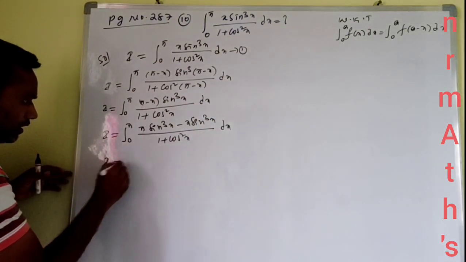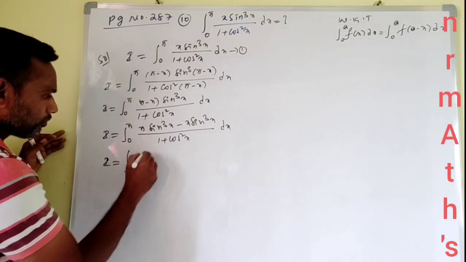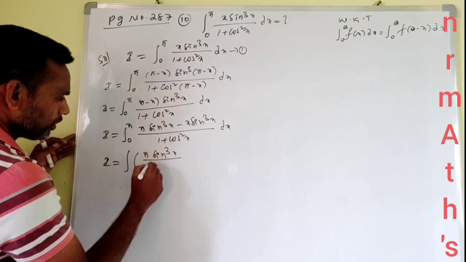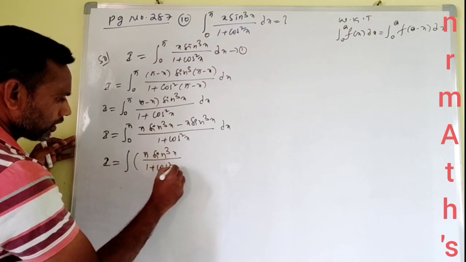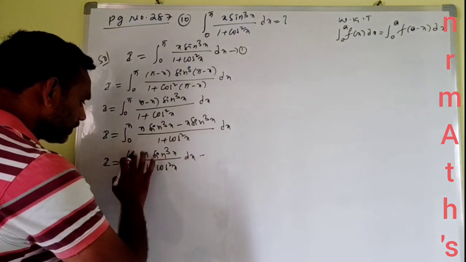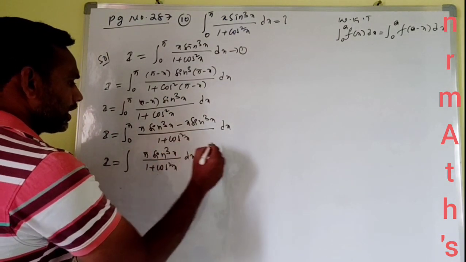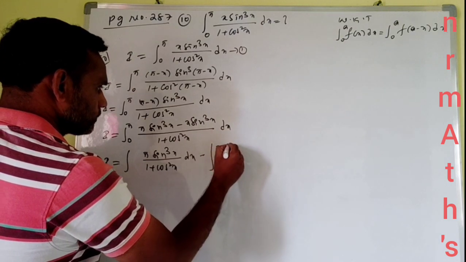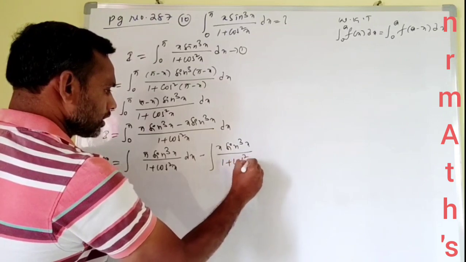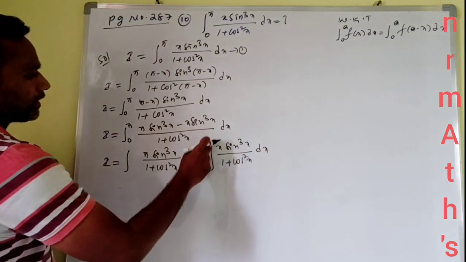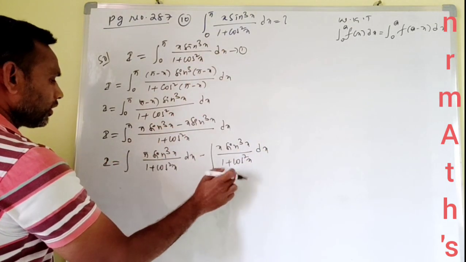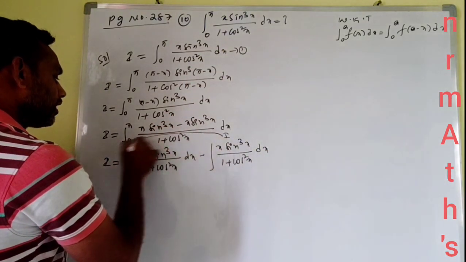Now split here: integration pi sin cube x by 1 plus cos square x dx, minus, bracket close, integration x sin cube x by 1 plus cos square x dx. We know that this is I.